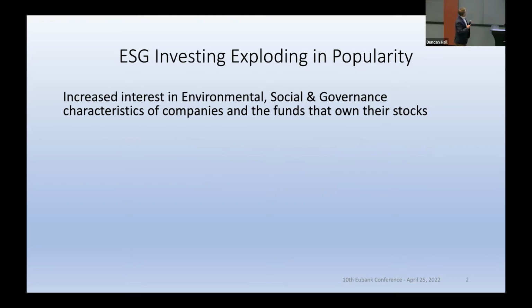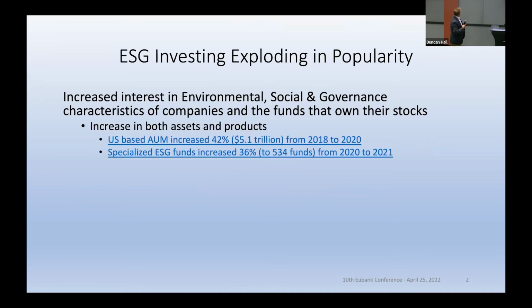So ESG, as I mentioned, has been just exploding in popularity. Environmental, social, and governance characteristics of the companies, and also just ratings for funds in general. Just some data from the last few years. Morningstar puts out an ESG Fund Landscape report every year.